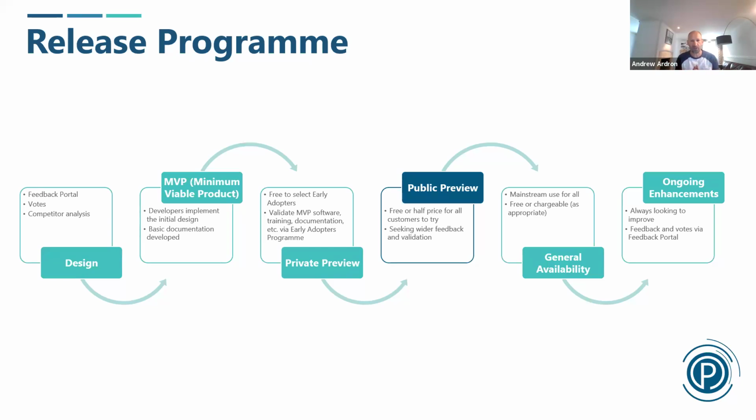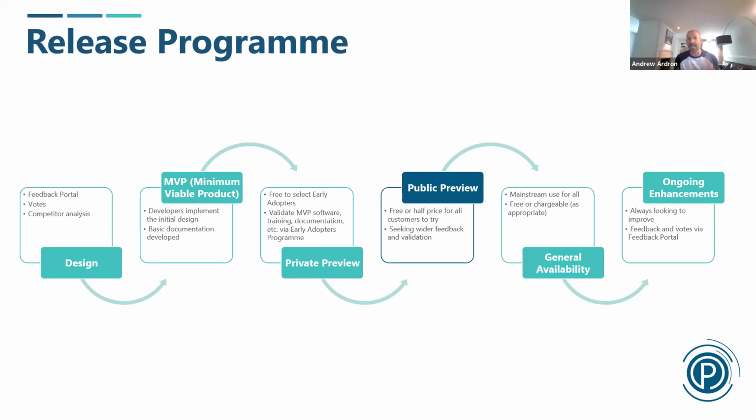And then we'll run a private preview with that. And for the growth engine, we've already completed that private preview stage. In that private preview, we invite select early adopters to have a go with that MVP, to validate what we've done, both in terms of the software, but also in the way that we deliver it, in terms of the training, the documentation, how we describe it, how we help people to understand the problem and the solution.